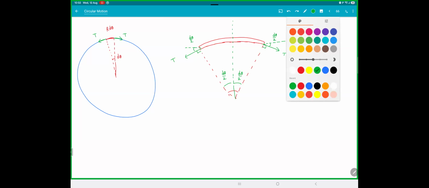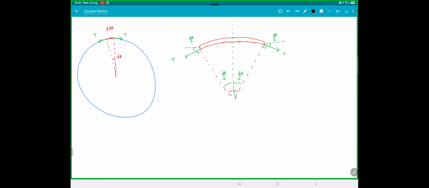Perfect. So if you resolve these forces, this will be T cos d theta by 2. The vertical component will be T sin d theta by 2.